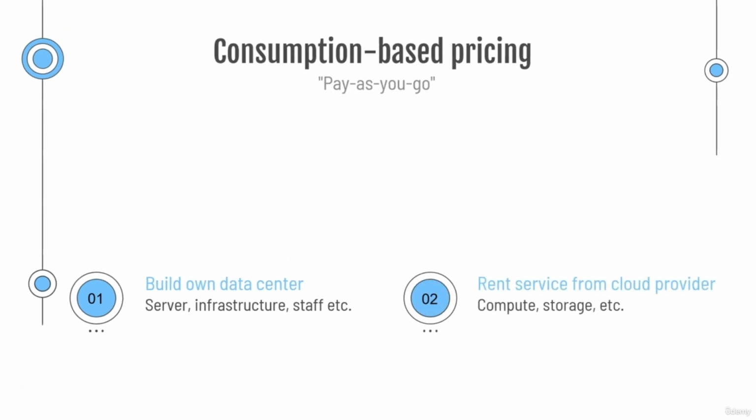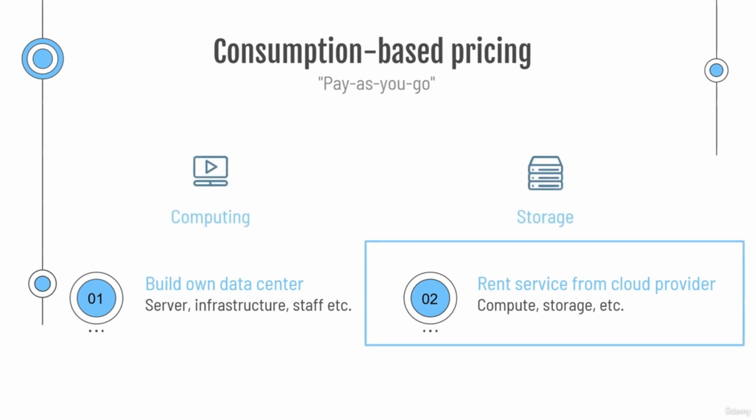Therefore, we have the alternative, which is that we can just rent these end products, so these services, from a cloud provider like Azure. And then we have a lot of benefits because then we only pay for what we need. And this model is just called pay as you go.